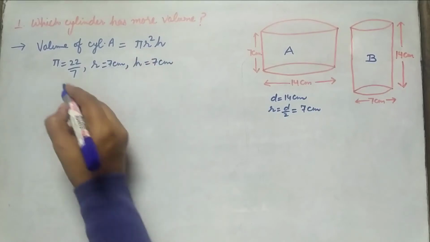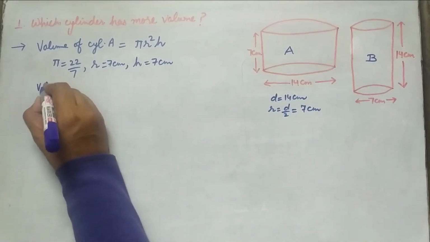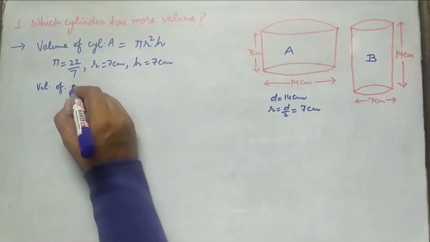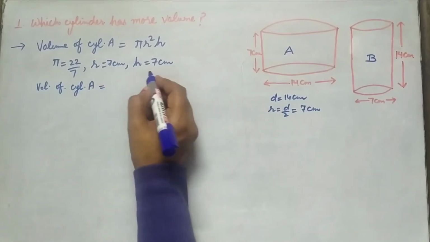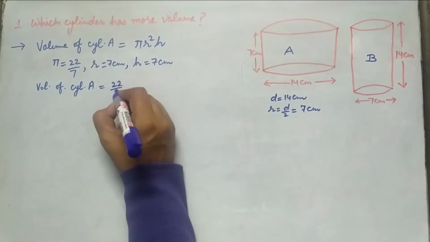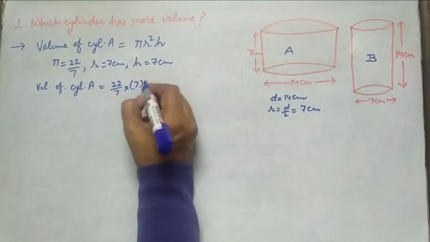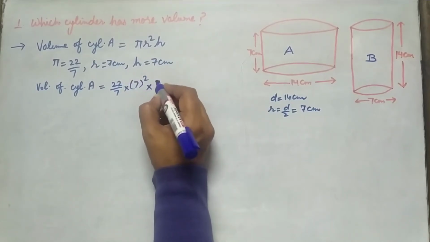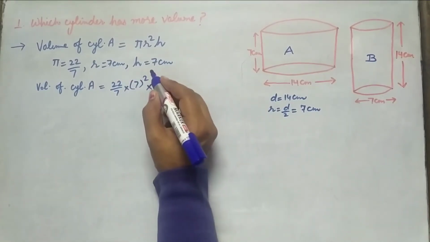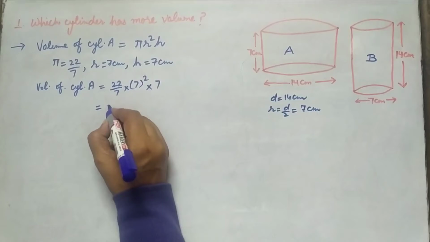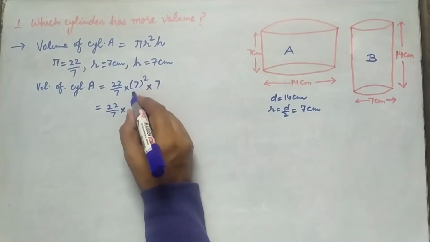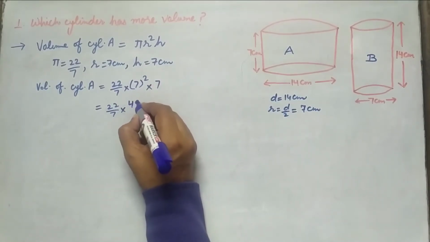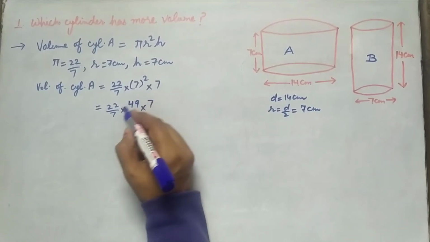We substitute all these values in the formula. We get volume of cylinder A is equal to pi r square h using these values. Then 22 by 7, opening the squares, that is 7 squares are 49 into 7.